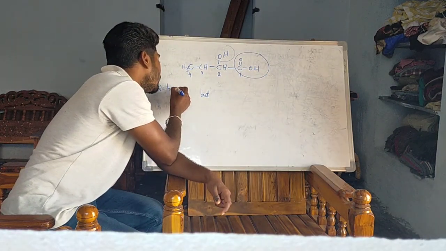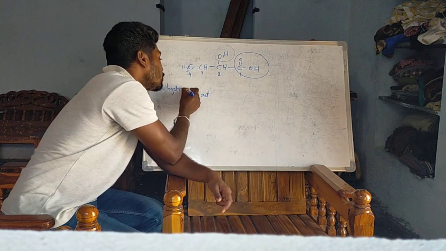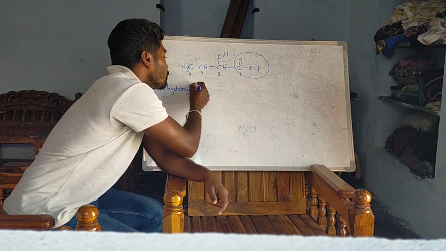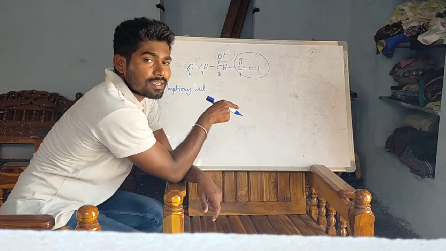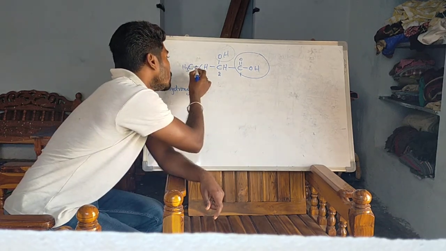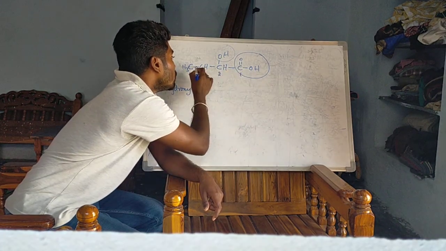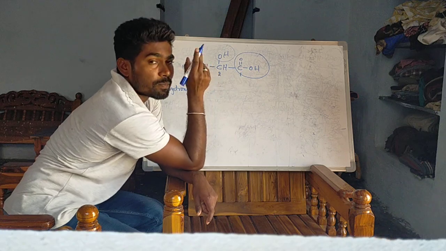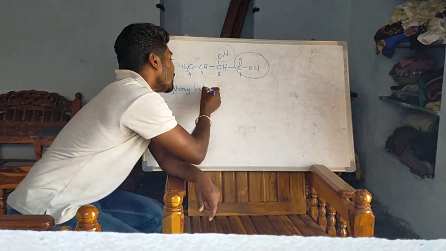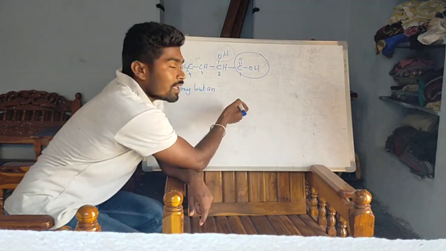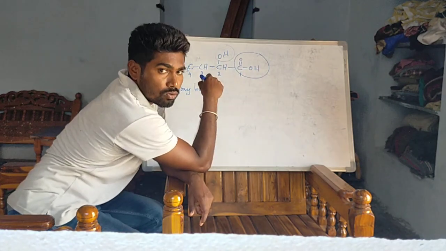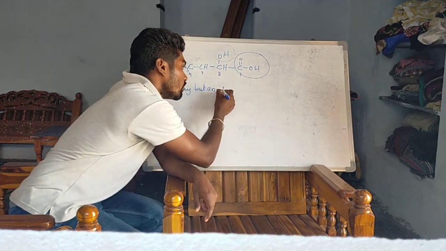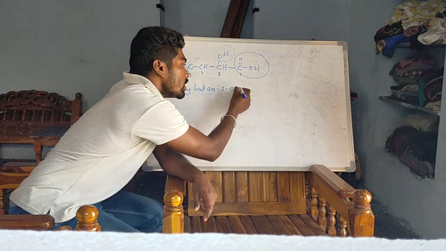So 2-hydroxy but. And the primary suffix is an because all the bonds are single bonds, so butan, and on the first carbon a carboxylic acid group is there, so oic acid. So first carbon oic acid.